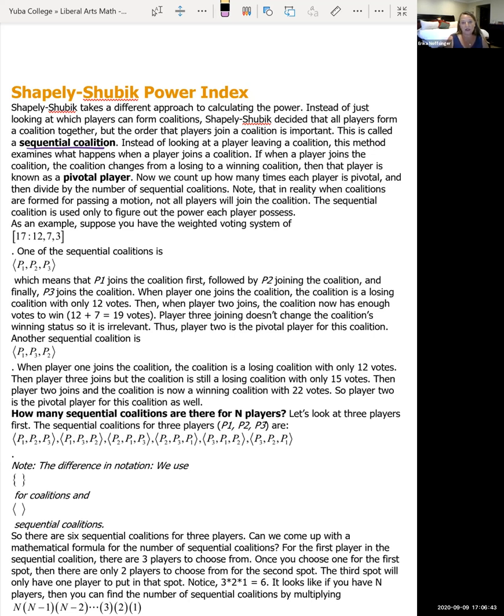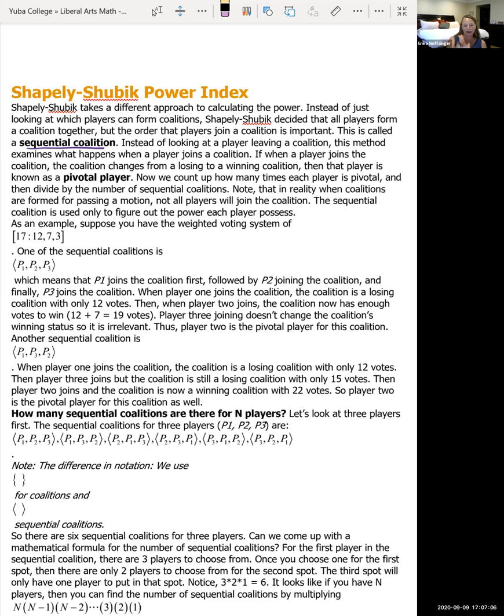When we were looking at the Banzhaf power, a player comes in and votes for a motion, and then it either passes or it doesn't. We looked at all these winning coalitions, different subsets of the players coming in, and asked whether that player is pivotal or not.